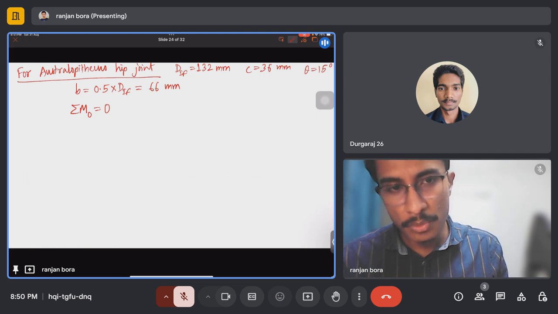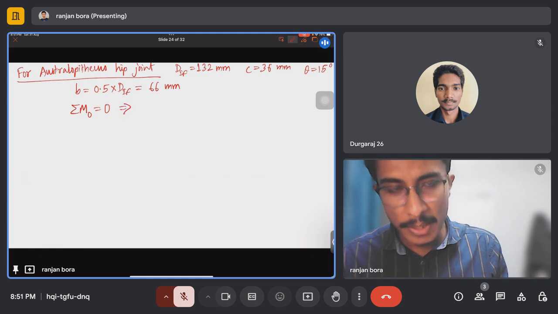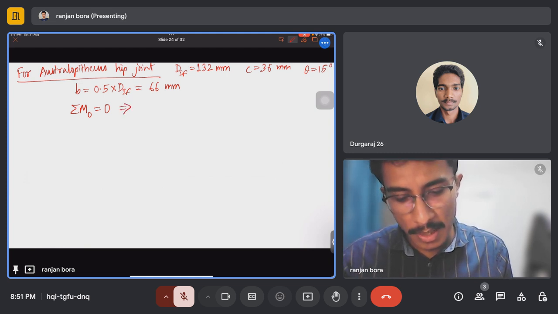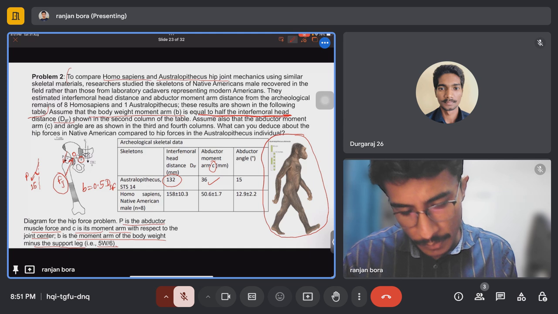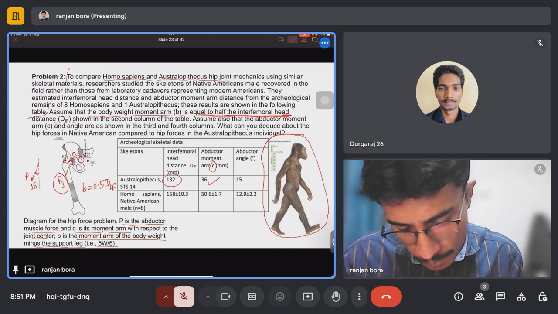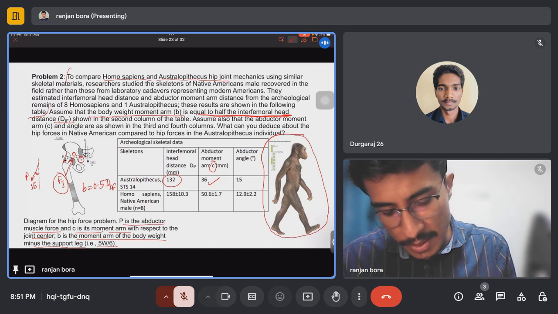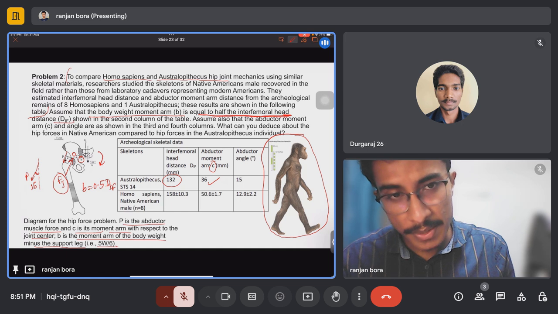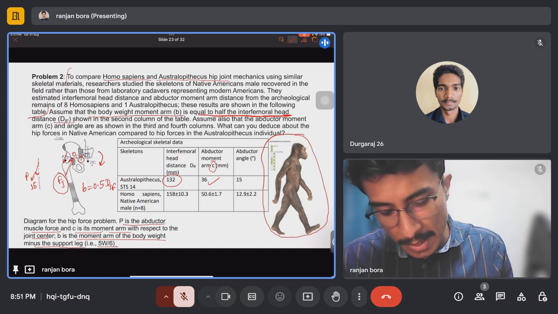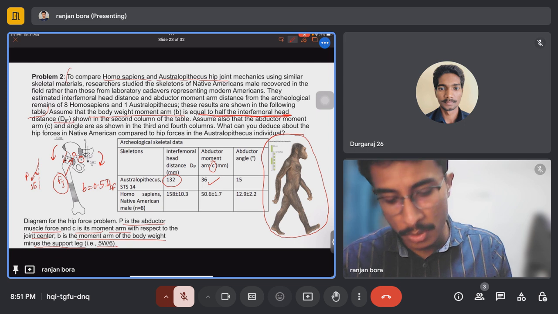So if we do this moment equilibrium about O is 0, then we will get, see, 5W by 6 is acting in the clockwise direction, so it will give us a clockwise moment, and P is acting in the anti-clockwise direction about this point O, and it will give us an anti-clockwise moment.